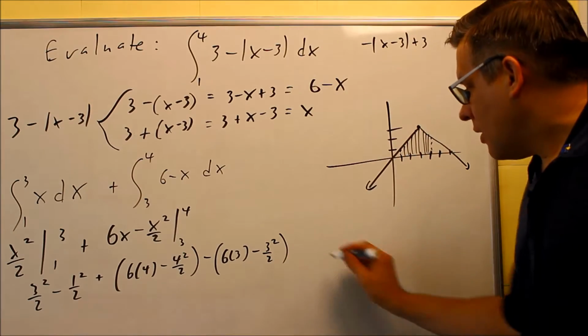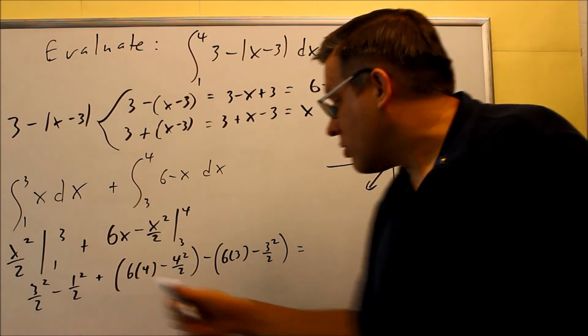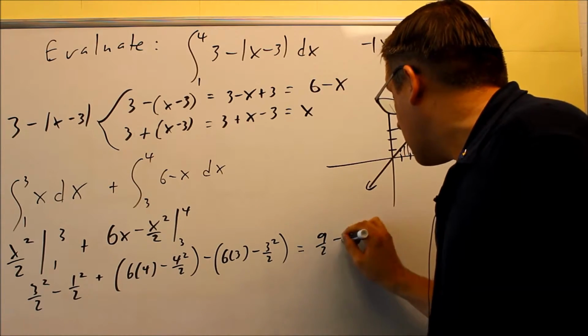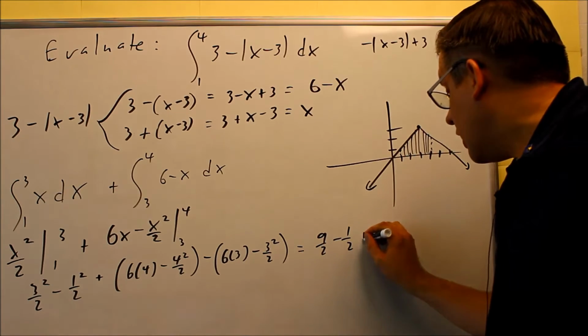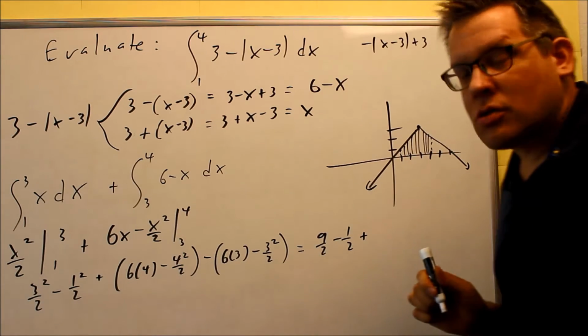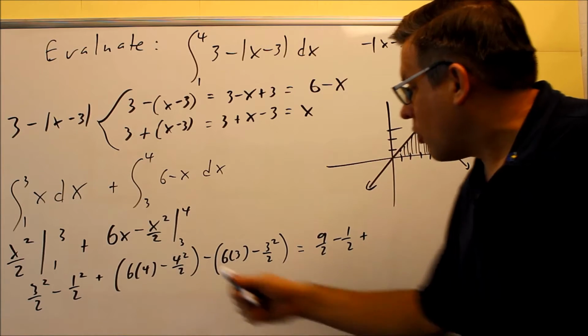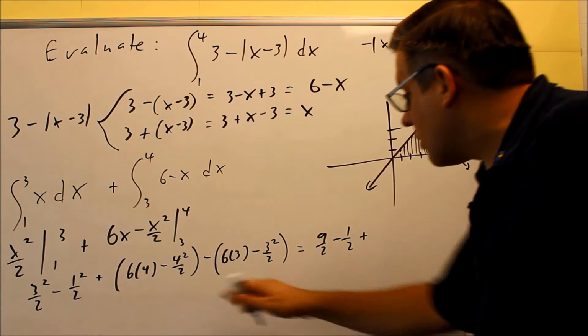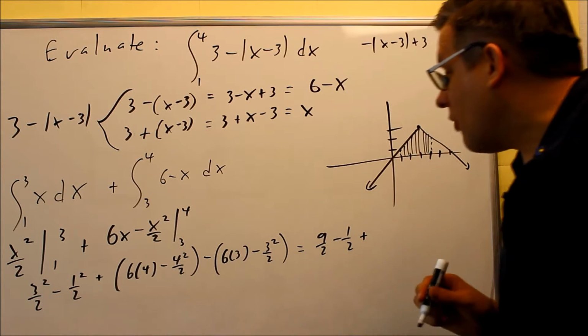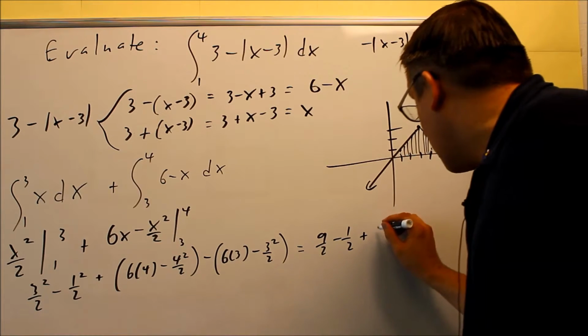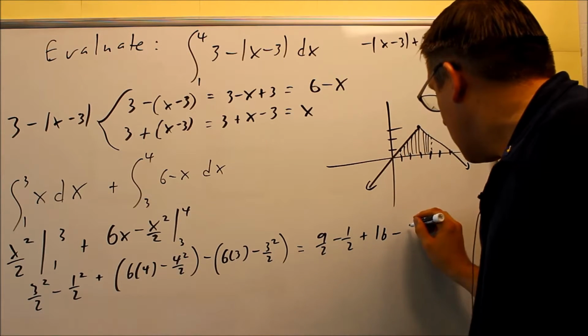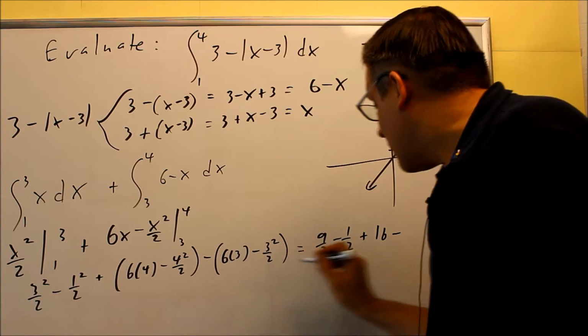Okay. When I work that out, I'm going to get 9 halves minus 1 half, and then I'll do the part inside the parentheses. 24 minus, this is 16 over 2, so 24 minus 8 will give you 16, and then minus inside here, you're going to get 18 minus 9 halves.